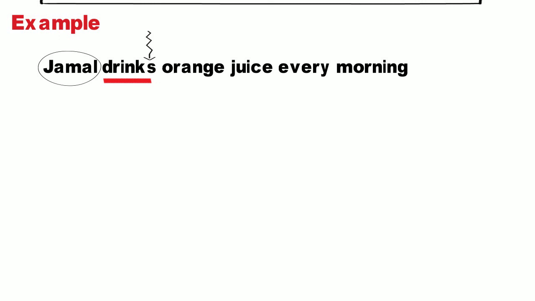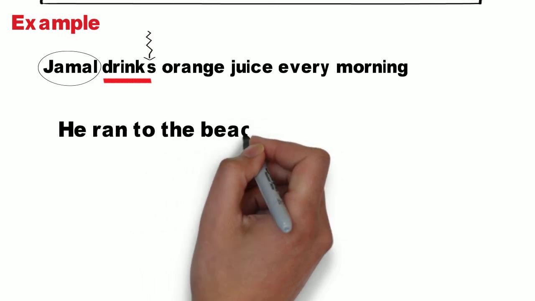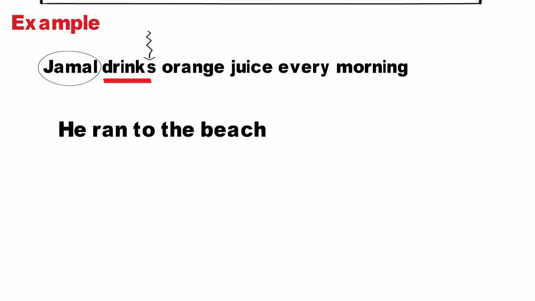Basically, verbs are action words. They describe someone or something performing an action. Start by looking at a sentence and identify the action words. If there is more than one, then underline all of them. For example, in the sentence, he ran to the beach, the verb is ran because running is an action.